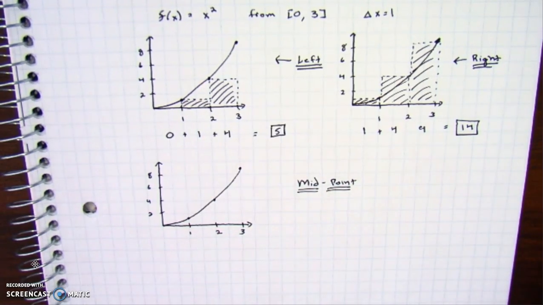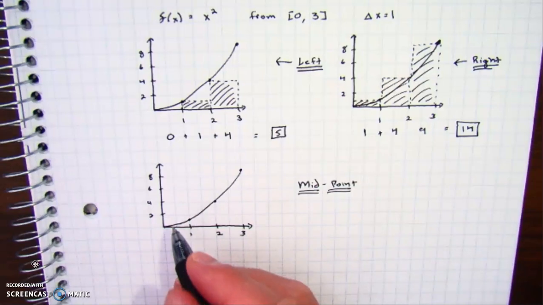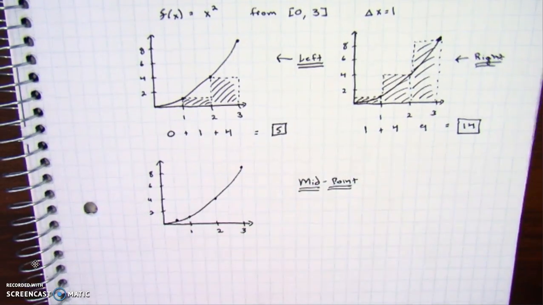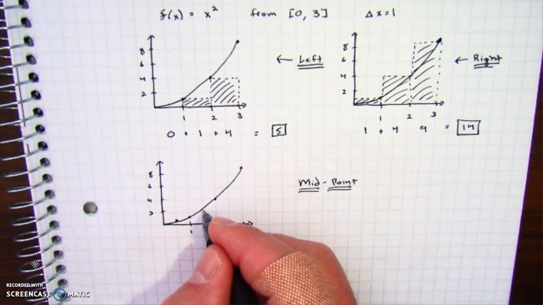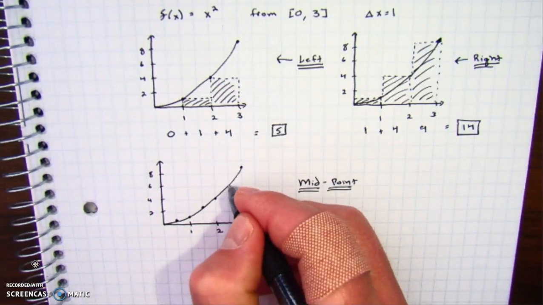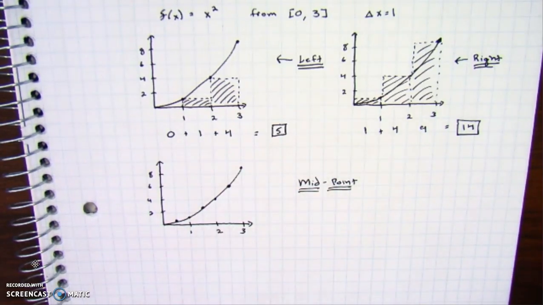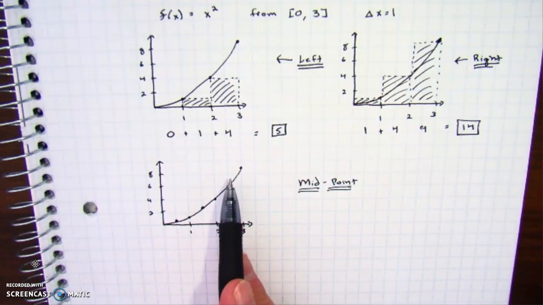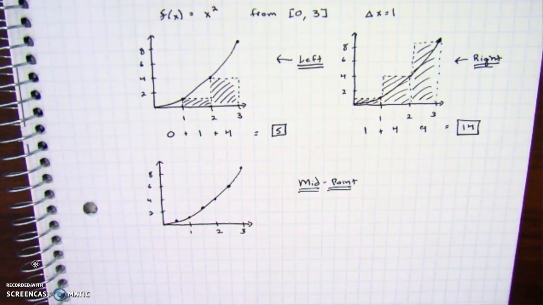So when we're talking about midpoints, that's just like it says, the height is going to be whatever it is right in the middle here. That's not too hard for us to do, because we have this function. Remember, f of x equals x squared. So let's take out our calculator.